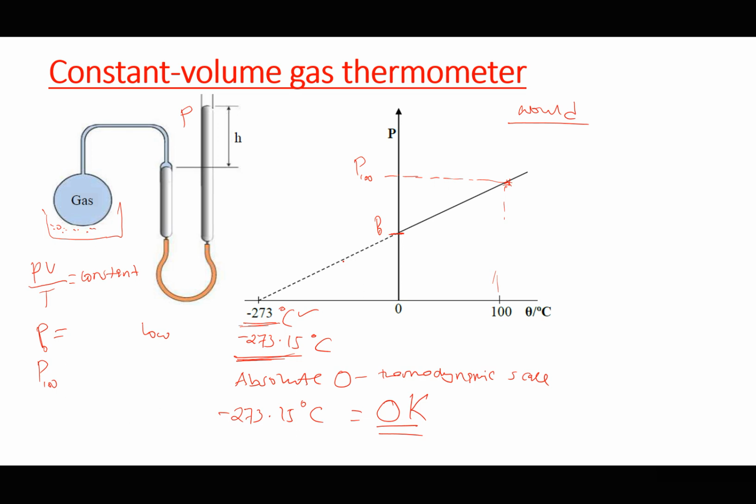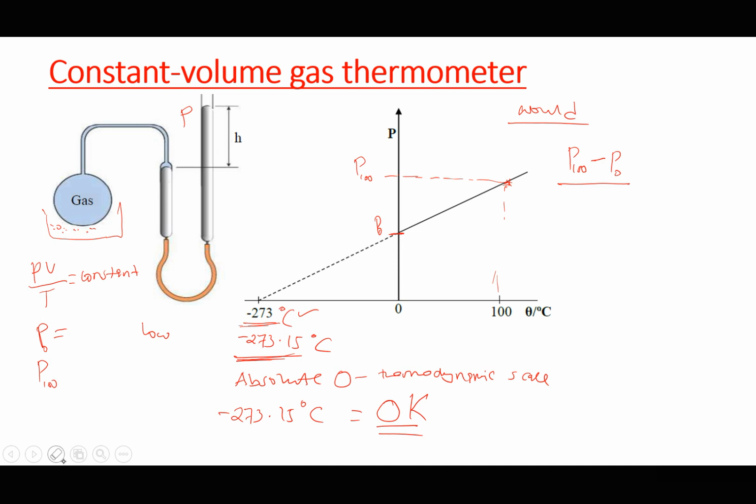Taking the gradient, pressure P100 minus P naught, divided by 100 minus 0.